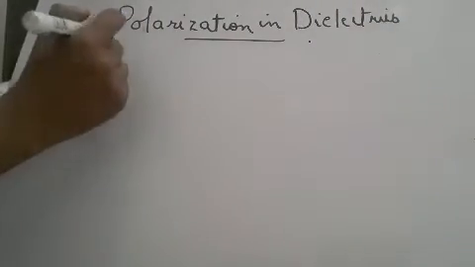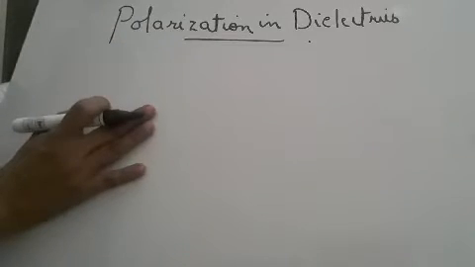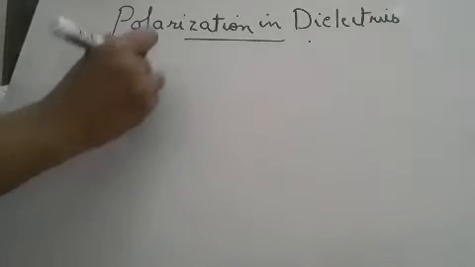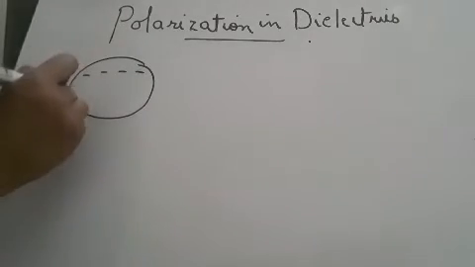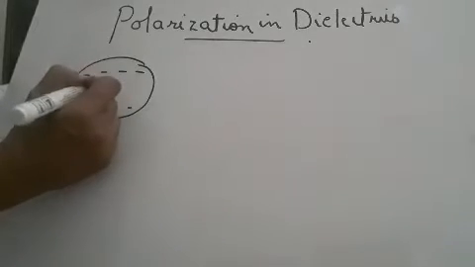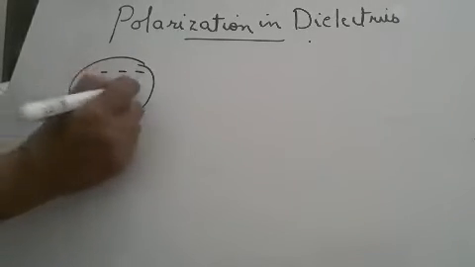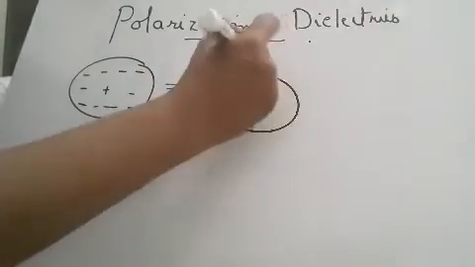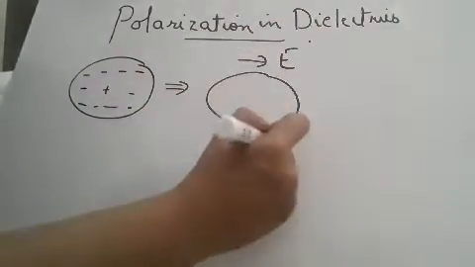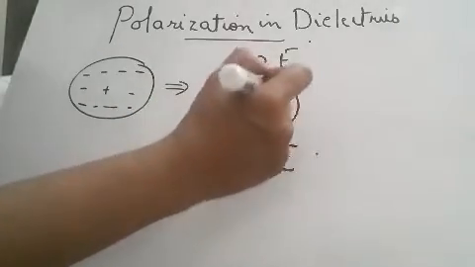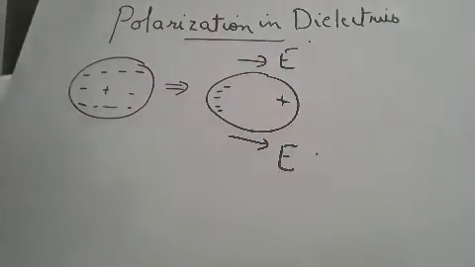So consider an atom of a dielectric consisting of negative charge minus Q, and a positive charge of plus Q, which is the nucleus. Here I am applying an electric field in this direction. So the negative charge will align in this point and the positive charge in this point.